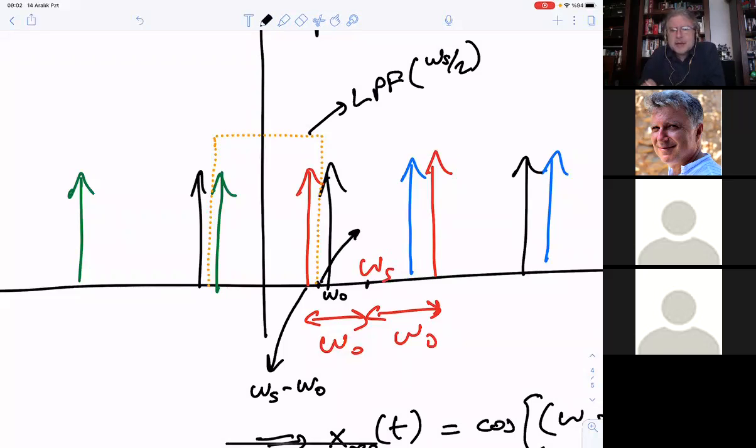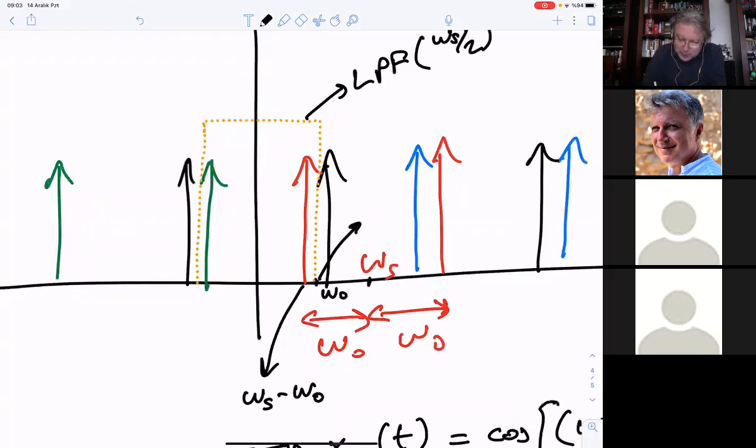Notice that around omega s over 2, which is the Nyquist frequency, since omega 0 is more than that frequency, it appears at omega 0, and a replica of it, which shouldn't be there, appears at omega s minus omega 0, typically.